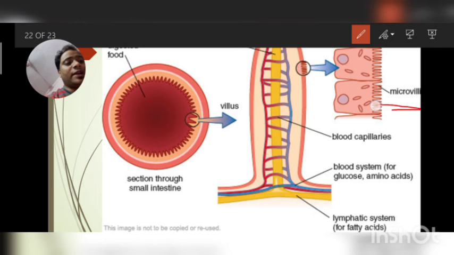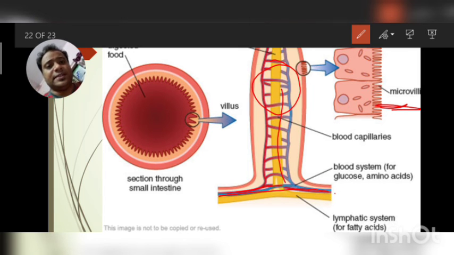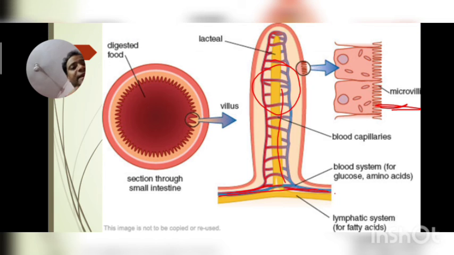Through these microvilli, all food is absorbed and given to the blood capillaries, and through these blood capillaries it goes to our bloodstream, and this blood takes that simple food to each and every cell of the body. So this absorption takes place inside our small intestine.